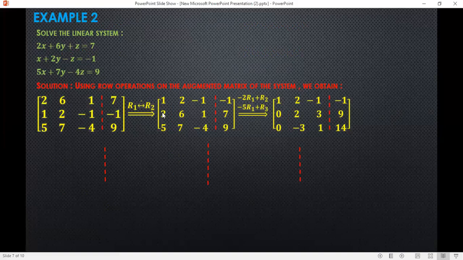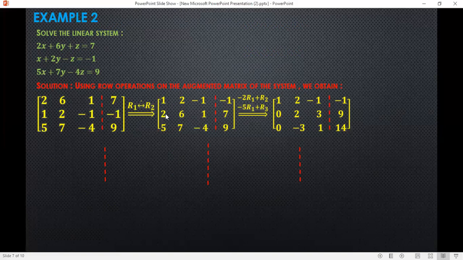By interchanging the first and second rows, here we get 1, 2, negative 1, and negative 1. And in the second one, 2, 6, 1, and 7. And in the third one, you still have this row. And actually, this is valid. You can interchange rows, as I told you before.